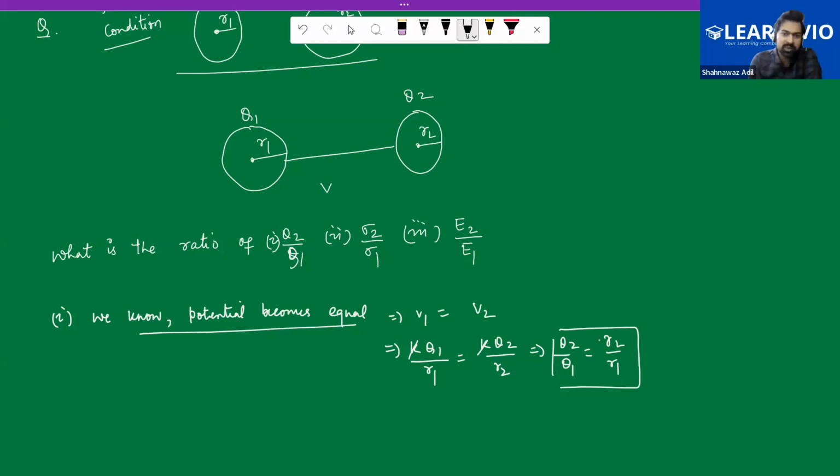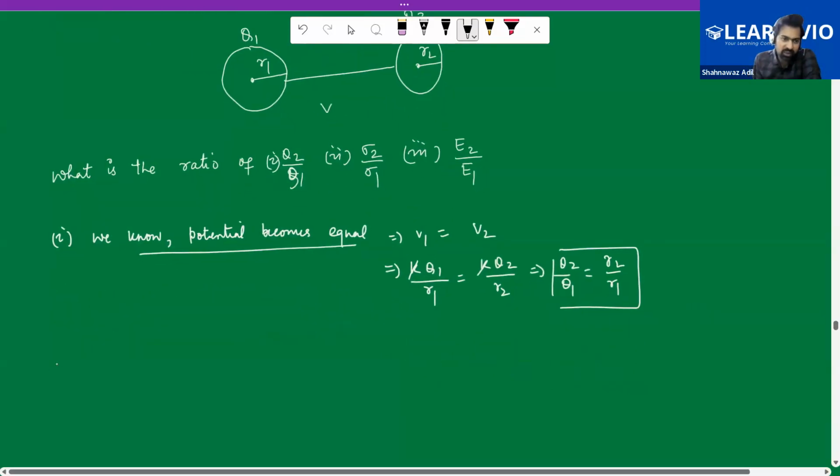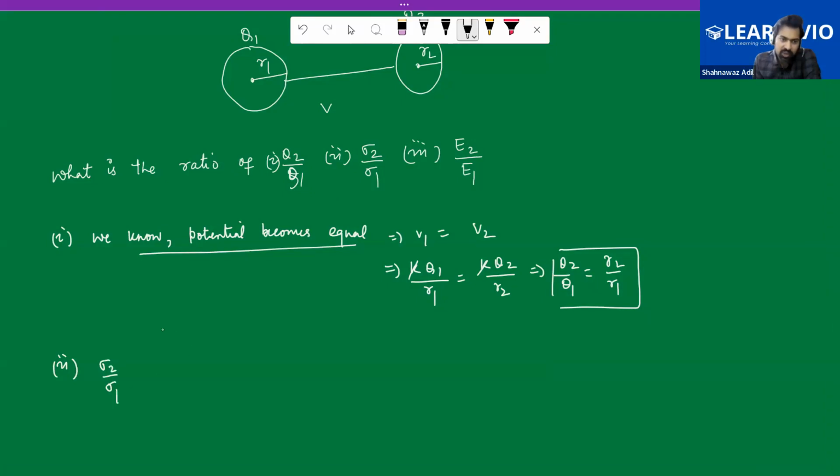In the second part, we have to calculate the surface charge density ratio. We know that sigma is Q by A, right? So sigma 2 would be Q2 by A2, divided by Q1 by A1. So this is Q2 by Q1, and A1 goes on the top side, and this is A2.